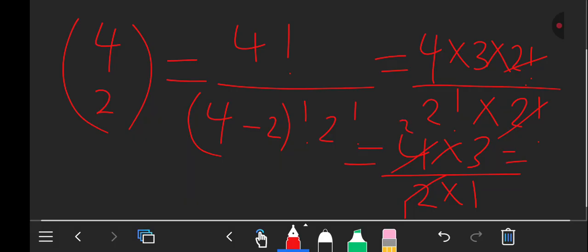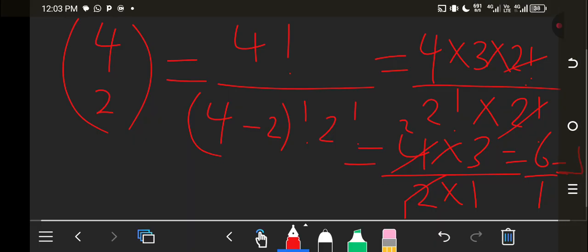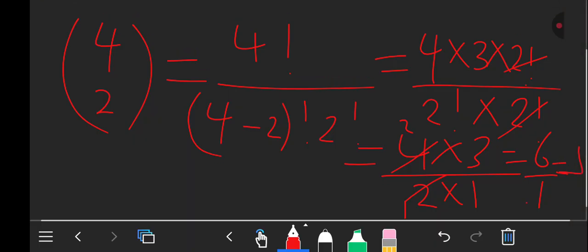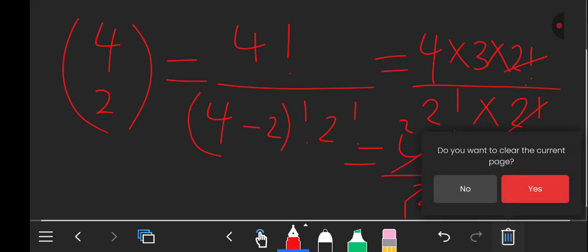So I can say 2 multiplied by 3, that is 6 over 1, and 6 over 1 is just equal to 6. So the answer there is equal to 6. As simple as that. That is how to evaluate.